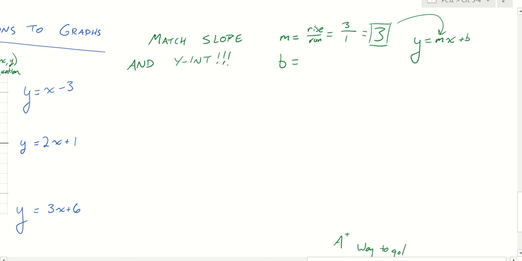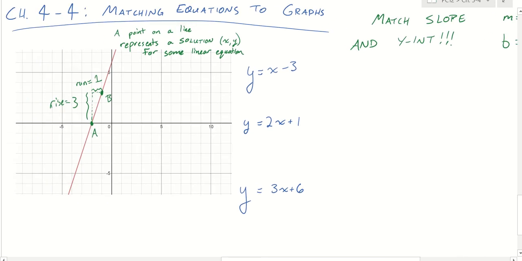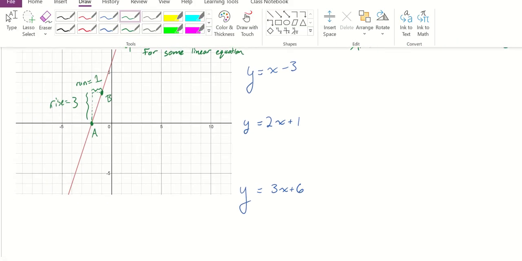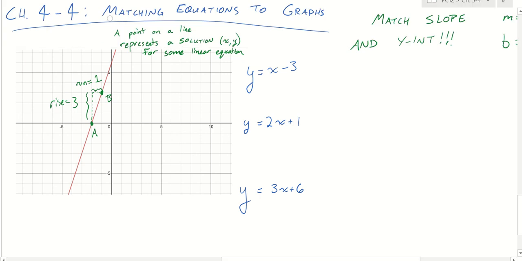What about the b value? Well, the b value is much, much easier to find. Much quicker. The b value is the y-intercept. So when does this line cross the y-axis? Well, it crosses the x-axis here at the point A that we've noted, but that's not the y-intercept. The y-intercept is when we cross the y-axis right here.